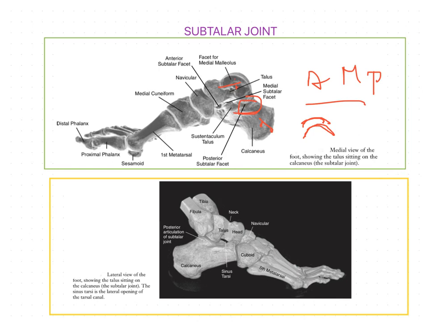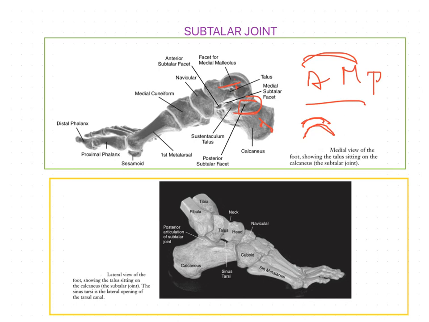Next, the smaller anterior and medial talocalcaneal articulations have different articulating surfaces.